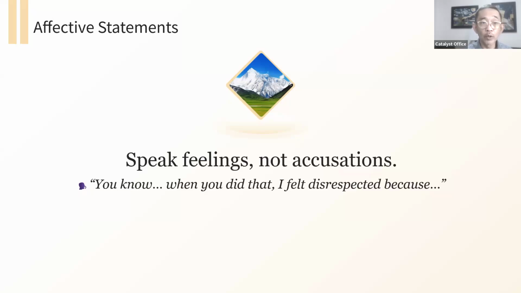You're not accusing the boy or the girl in the case of co-ed schools. You're not accusing the student of being that way and attaching a label to it, and even calling the student by some offensive name. So once again, you speak feelings, not accusations. That's the first.